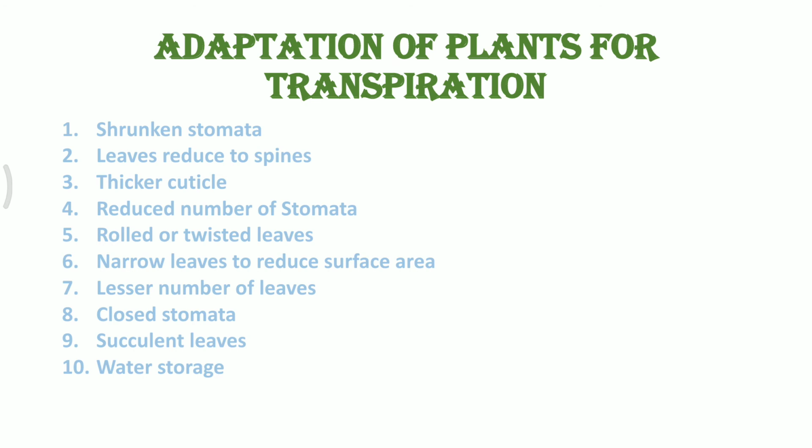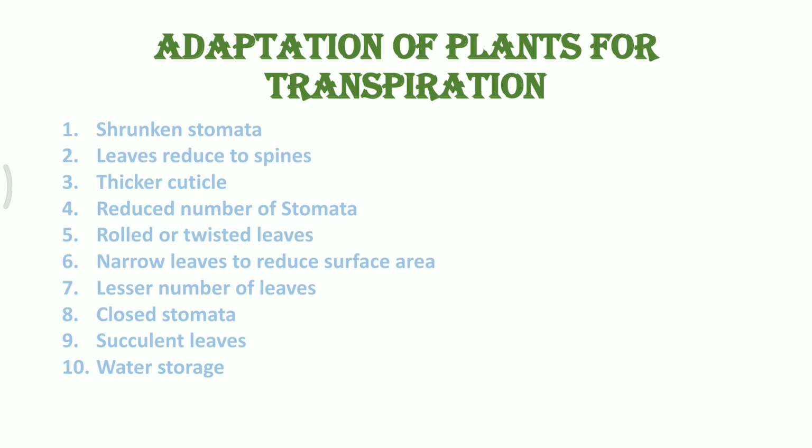The cuticle, the uppermost layer of the upper epidermis, tends to become thicker, and because of the thicker upper epidermis, there are fewer chances of transpiration. Rolled or twisted leaves: sometimes the leaves tend to roll themselves, which is seen in some plants, so that there are fewer chances for stomatal transpiration.